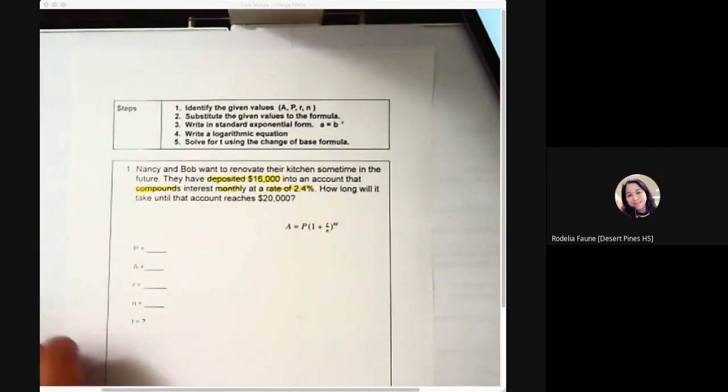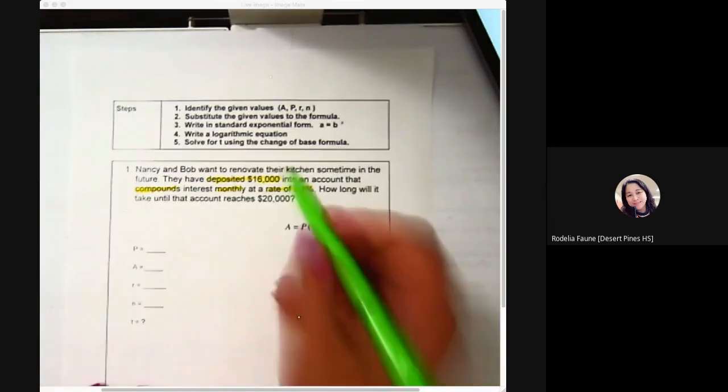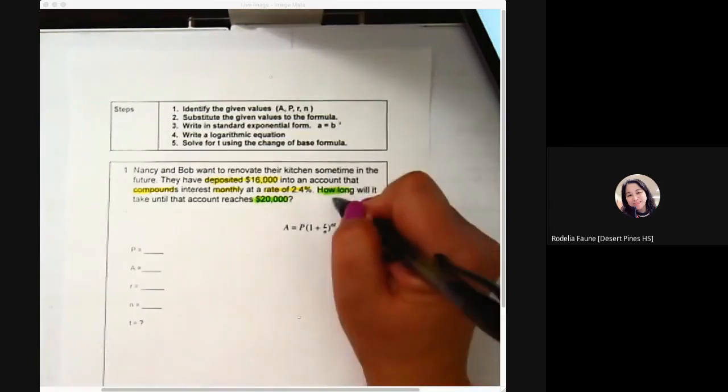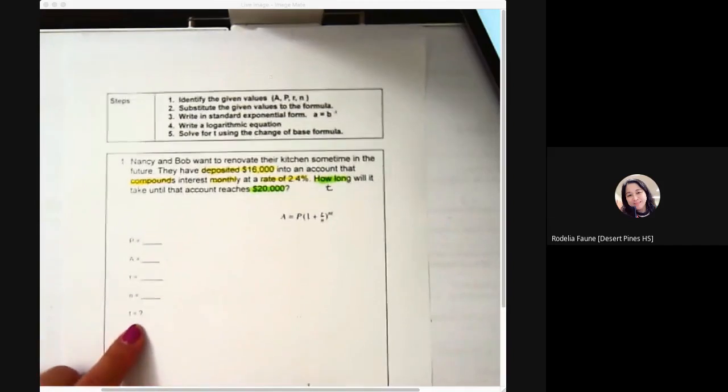How long will it take until the account reaches 20,000? So the words how long mean how many years will it take until the account reaches 20,000. So this is our T. This is our goal. We have to find T.